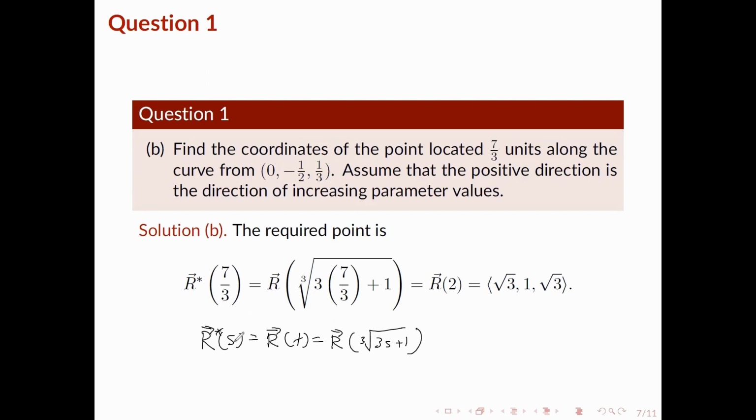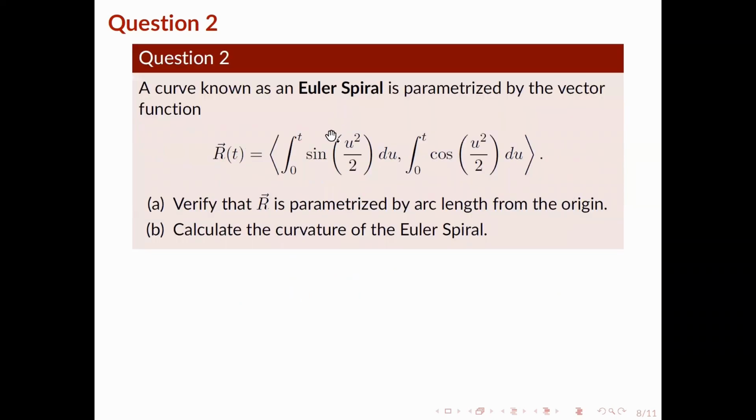So we invoke this for s equals 7/3, and we get this. Okay, so this inner input simplifies to 2, and we just need to evaluate r at 2. You should get this vector. So that's it for this question. Let's move on to question 2.